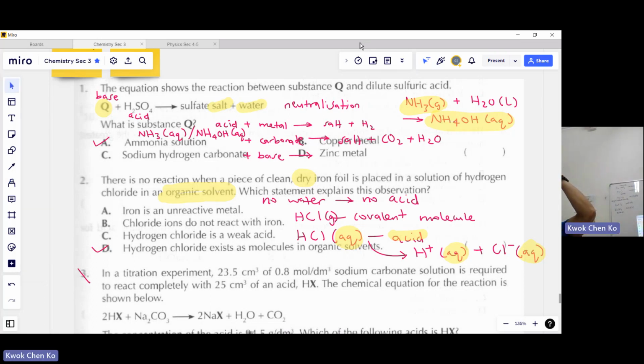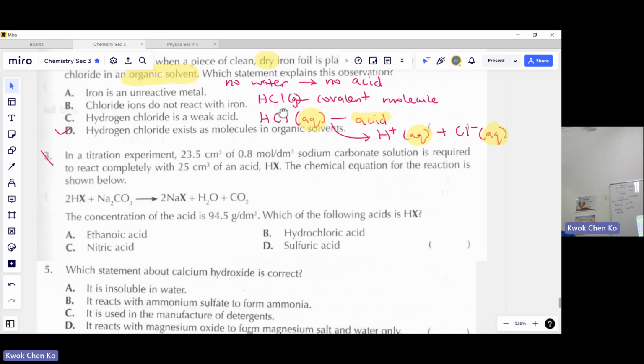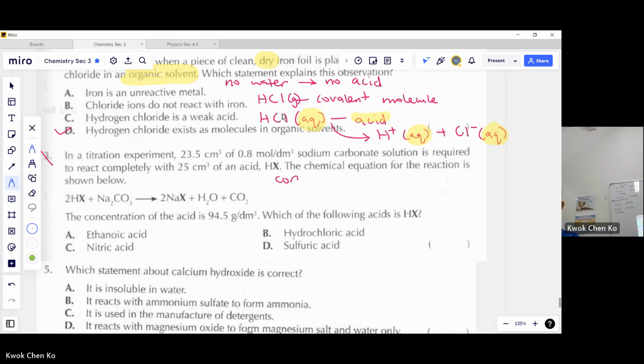Number 3, questions, anyone? Okay, look at number 3. You need one formula. I should have said it before, but I'll just write it up here again. Remember the concentration formula? Concentration in mole per dm cube times volume.